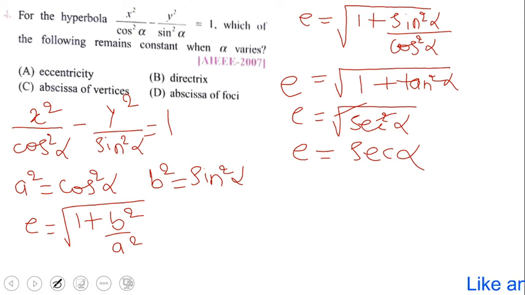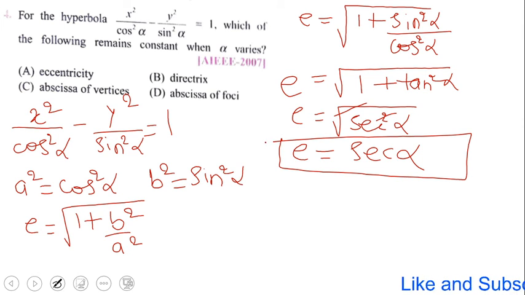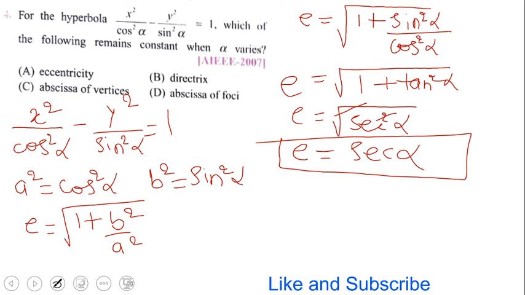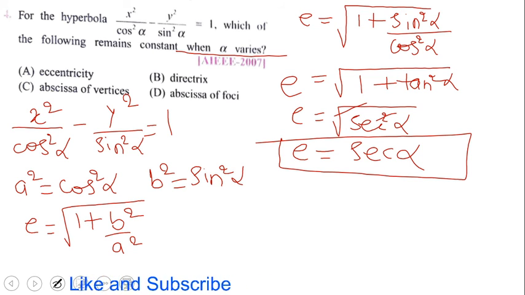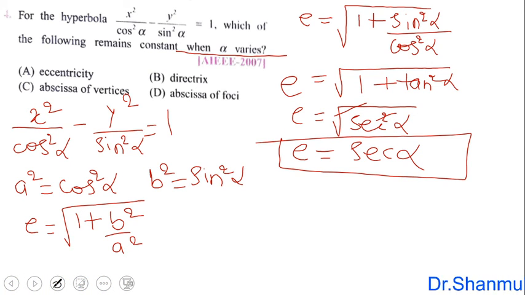The eccentricity is sec alpha. Alpha varies, therefore it is a variable, it is not a constant here. Similarly, you can try for the directrix and the abscissa of a vertex. Now the abscissa of the foci I am going to find, we'll see it.